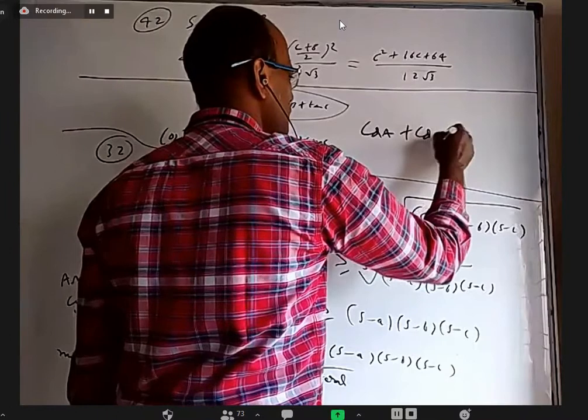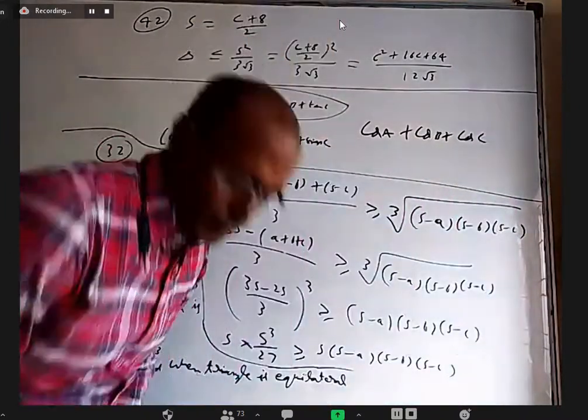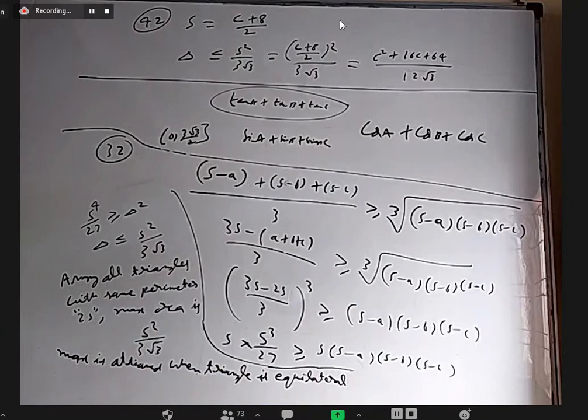Cos A plus cos B plus cos C. Let us see if somebody can come up with what is the minimum and what is the maximum. I'm not asking for any strong explanation, just a general observation of what you feel.